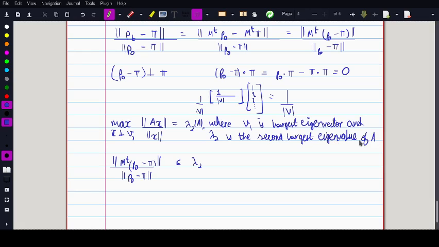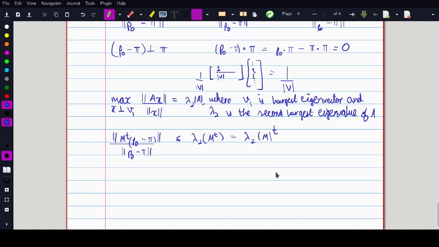So here we'll have less than or equal to λ2 of M^t, and we know that λ2 of M^t is λ2 of M raised to the power t. So we in fact found a very nice convergence result: the convergence of the random walk, how fast P_t tends to π, depends on the second largest eigenvalue, which is a very interesting fact.